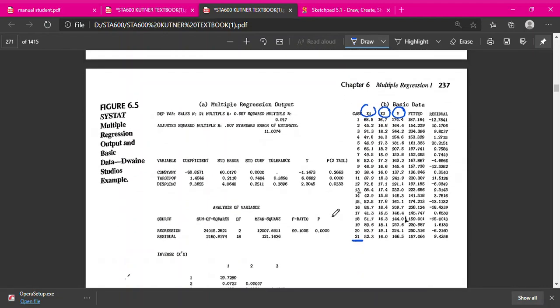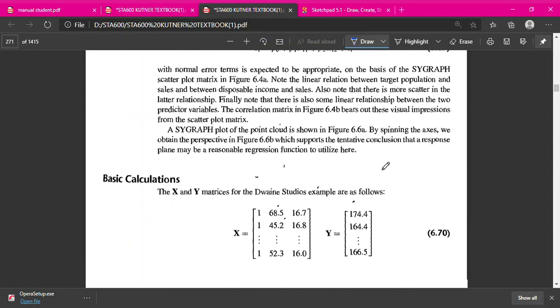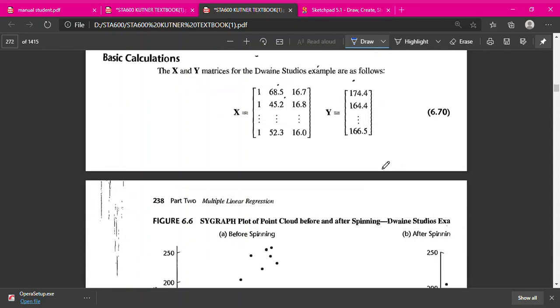Okay. Alright, so here, we have all this. So let's see, we want to create the model, the regression model, called the multiple linear regression model. So we must estimate all the beta, or B.